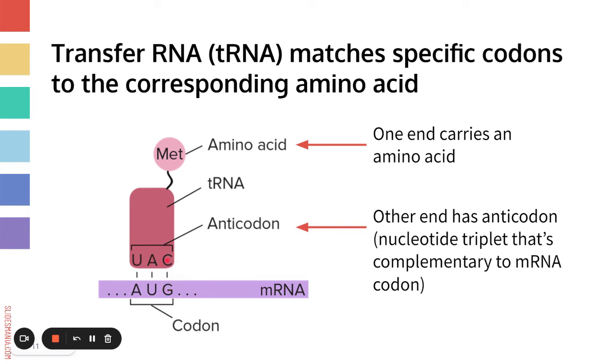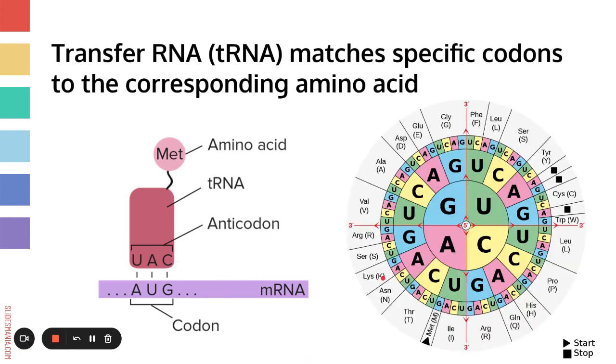They are a match for each other. And that's how we match this codon, AUG, to the amino acid, because UAC is on the tRNA and it's carrying methionine. So the amino acid methionine is going to be matched with the codon AUG because of this anticodon being able to sit down on top of it.